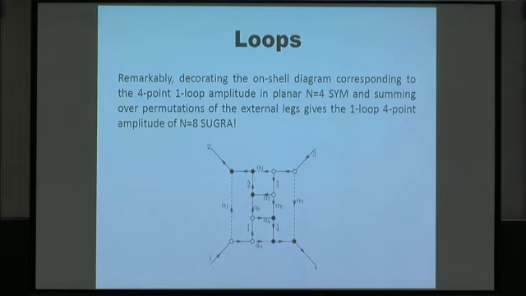So I can effectively just erase those edges. And then what I'm left with is just the 4-point tree on-shell diagram that I described earlier. And that is precisely equal to the 4-point tree amplitude of n equals 8 supergravity times STU.